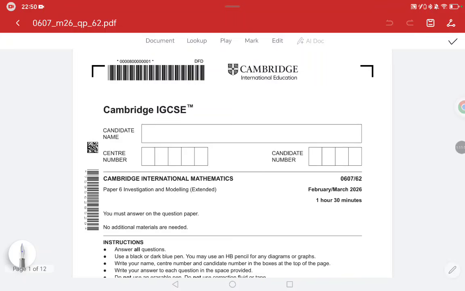Check the pattern early. Look at the table for any relation between the values, such as the first difference or the second difference, or maybe it's geometric. Do you know the formula for a geometric sequence? I think you had a question like that, so you should know that it's a times r to the power of n minus 1. When you use your GDC to sketch the graph, take care about the window, to know your x values and y values.